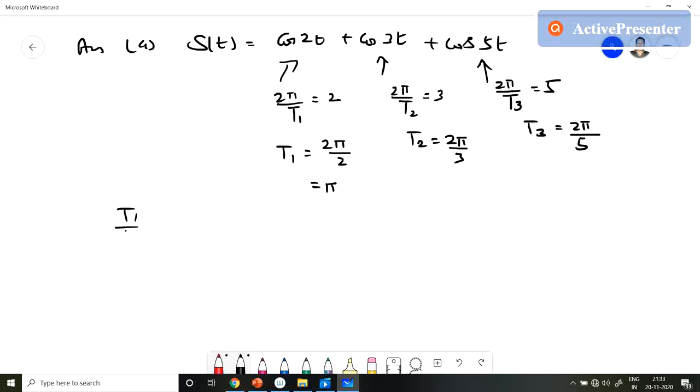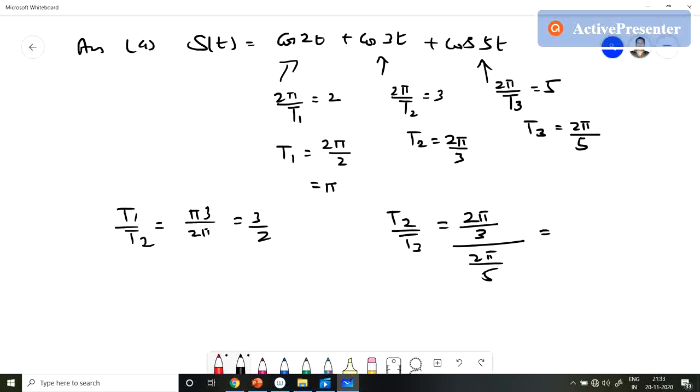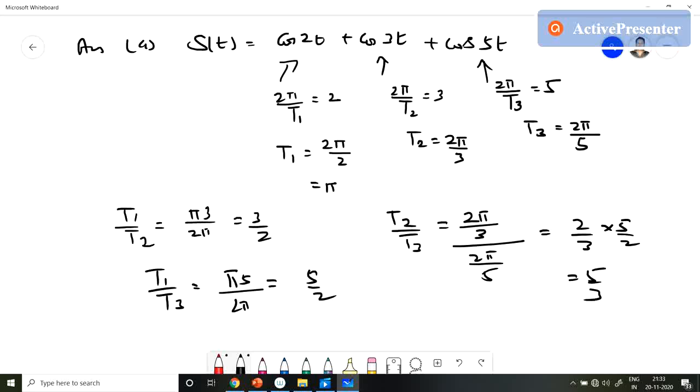Now T1 divided by T2 is rational, T2 divided by T3 is rational, and T1 divided by T3 is 5 by 2, also rational. So this is periodic. Part A is periodic.